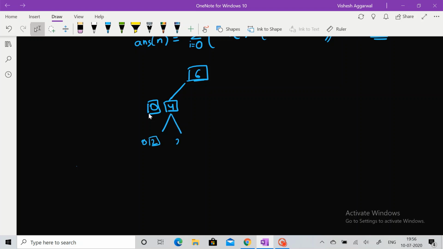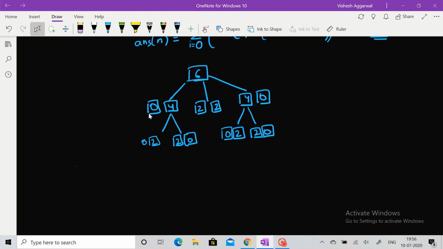In the second case, it will go for 2 points on the left side and 2 points on the right side. In the third case, 4 points on the left side and 0 points on the right side. And in the sub cases for 4, we have 0 points on the left side and 2 points on the right side, and 2 points on the left side and 0 points on the right side.